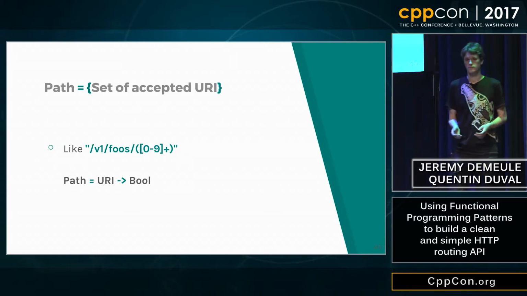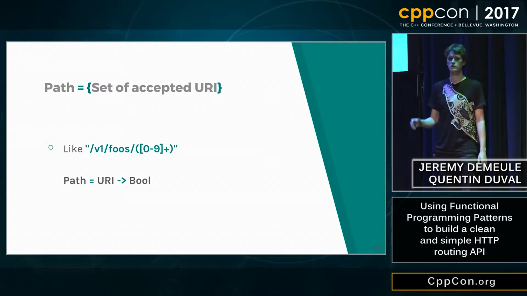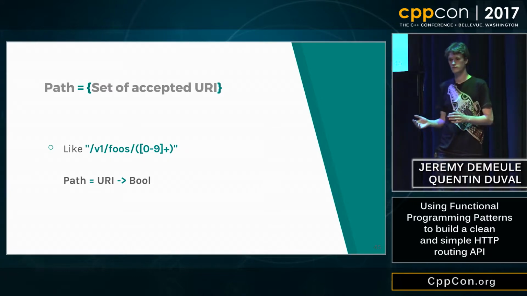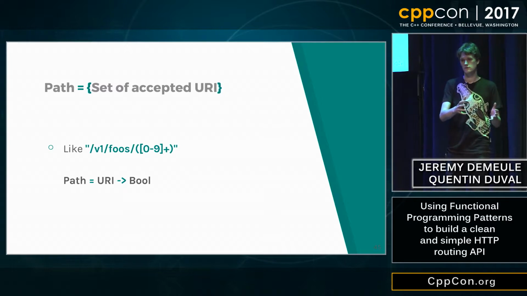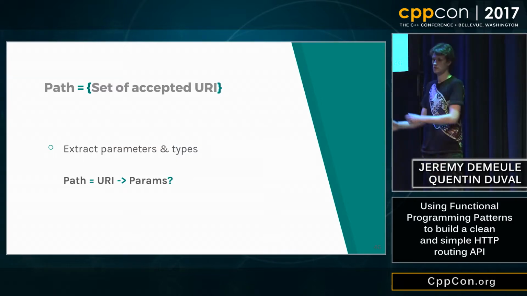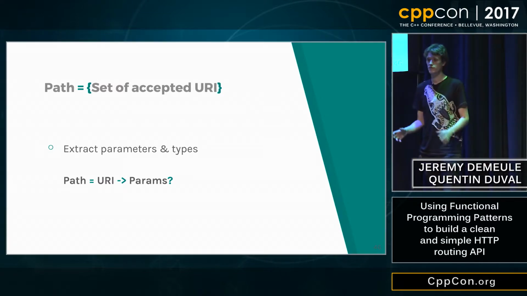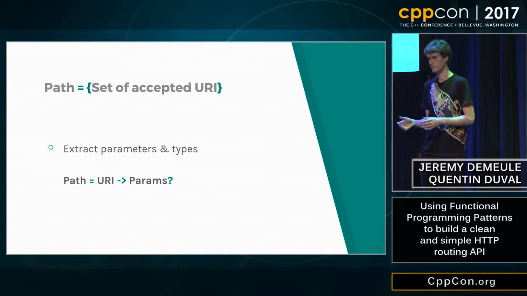And that would work. But we would like to refine it a bit. Because if we look at something like a regex, we can see that there are capture groups. And so, in our case as well, we would like to extract some things from the URI and give them to the handler if it matches.